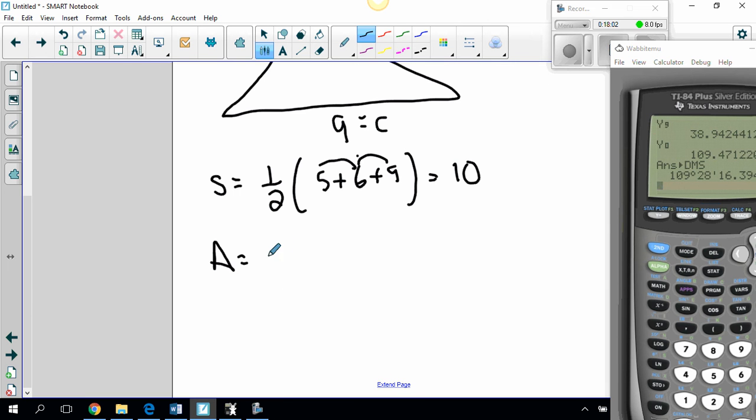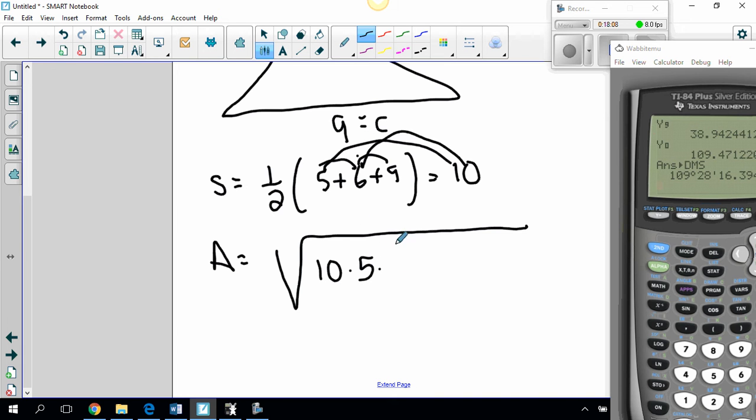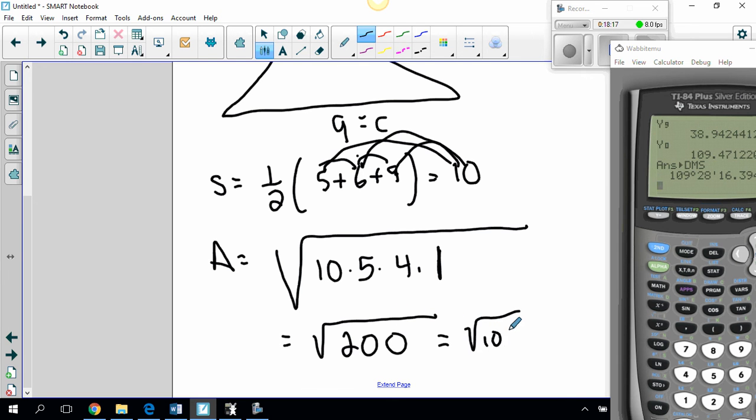The area is the square root of 10 times (10 minus 5) times (10 minus 6) times (10 minus 9), the square root of 200, which is square root of 100 times square root of 2, which is 10 radical 2, which is stinking awesome. I love the formula.